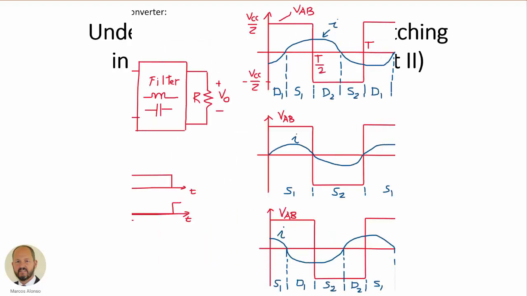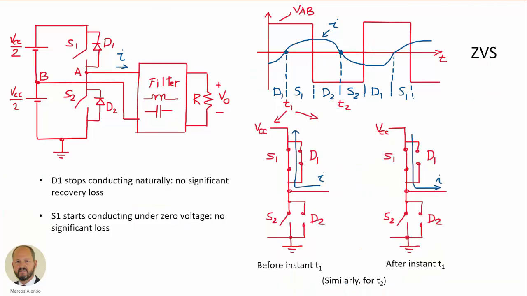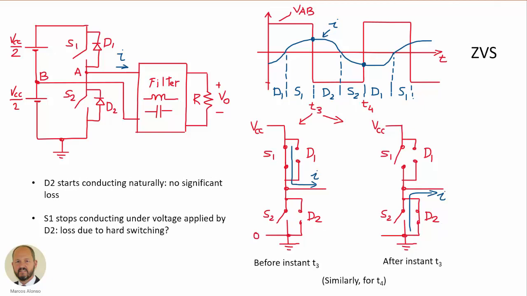switching process. So in the previous video we talked about the different switching patterns that we can have in the half-bridge converter: zero voltage switching, in phase, or zero current switching, and in these videos we are focusing on zero voltage switching. Then we did a basic analysis of what happens in the switches and diodes during turn on and turn off.